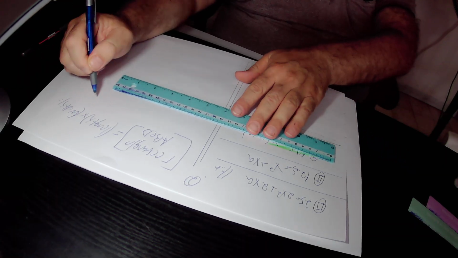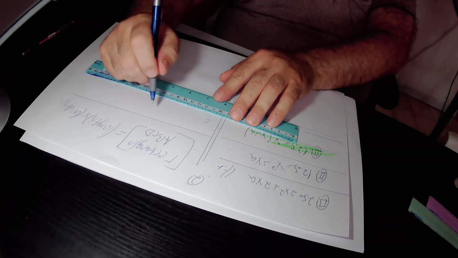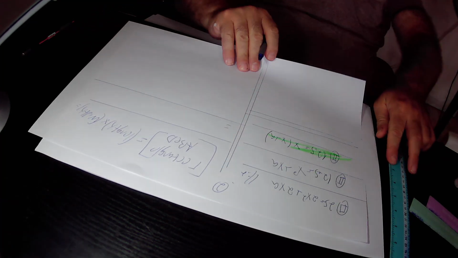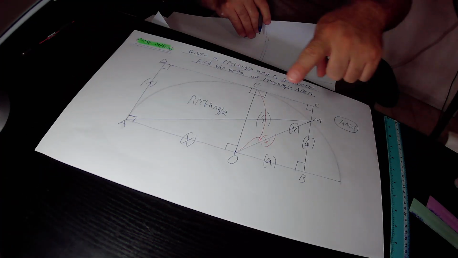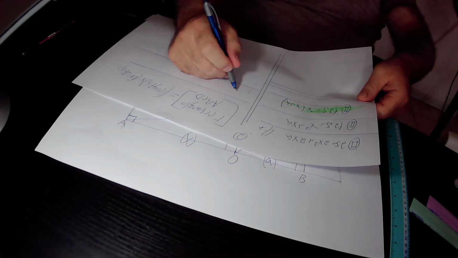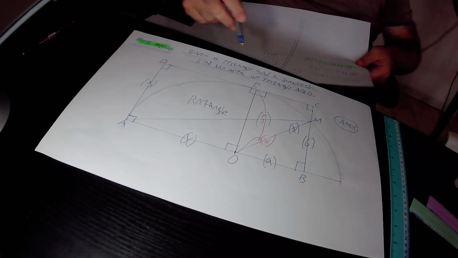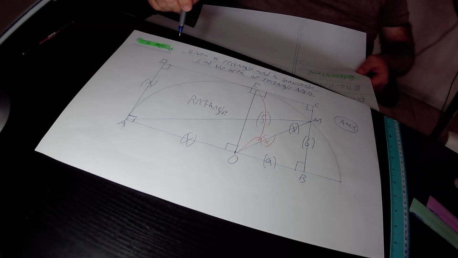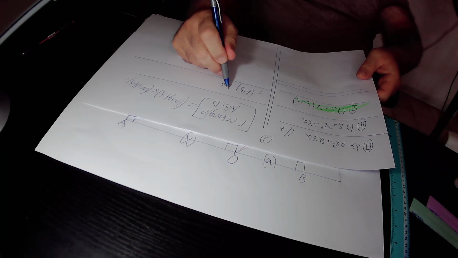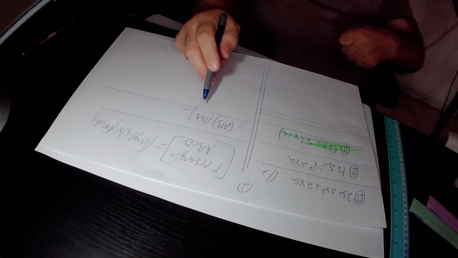Therefore, the area of rectangle ABCD must be equal to the length times the width. The length of this rectangle ABCD is equal to AB, and the width of this rectangle ABCD is DA. So the area of rectangle ABCD equals the length AB times the width DA.